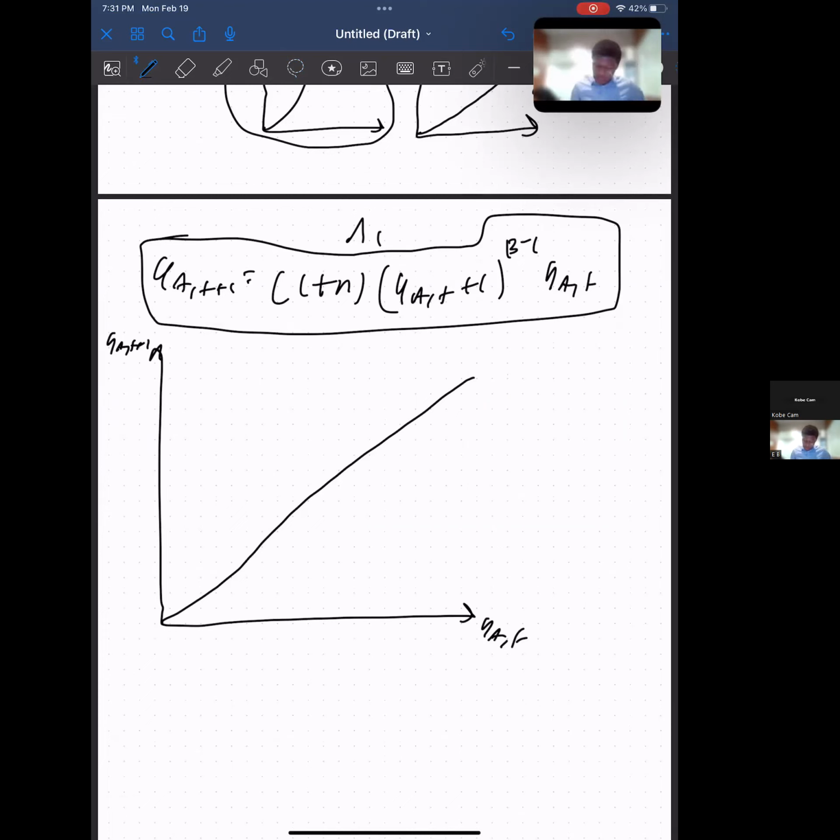So if beta is less than 1, right? Well, that means that the exponent for this GAT term must also be less than 1, right? Because look, if beta is less than 1, that means this term is going to be negative, so beta minus 1, right?